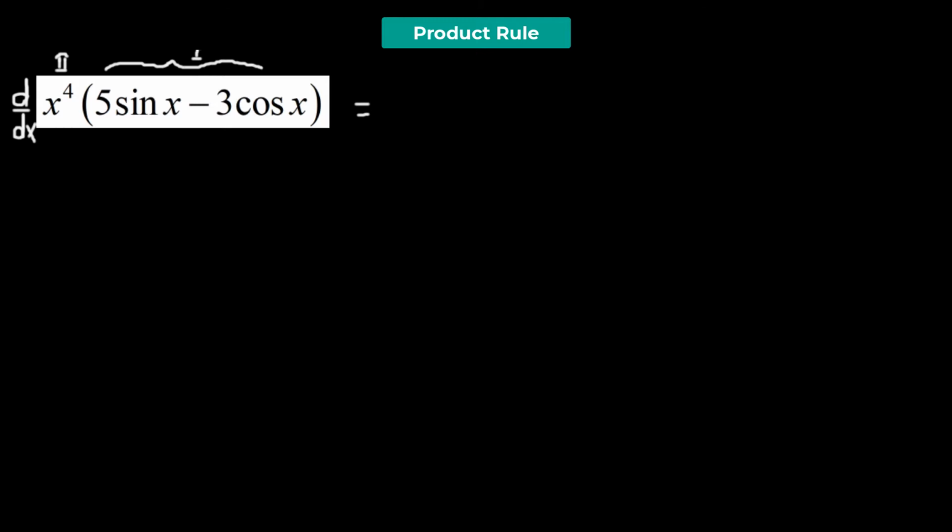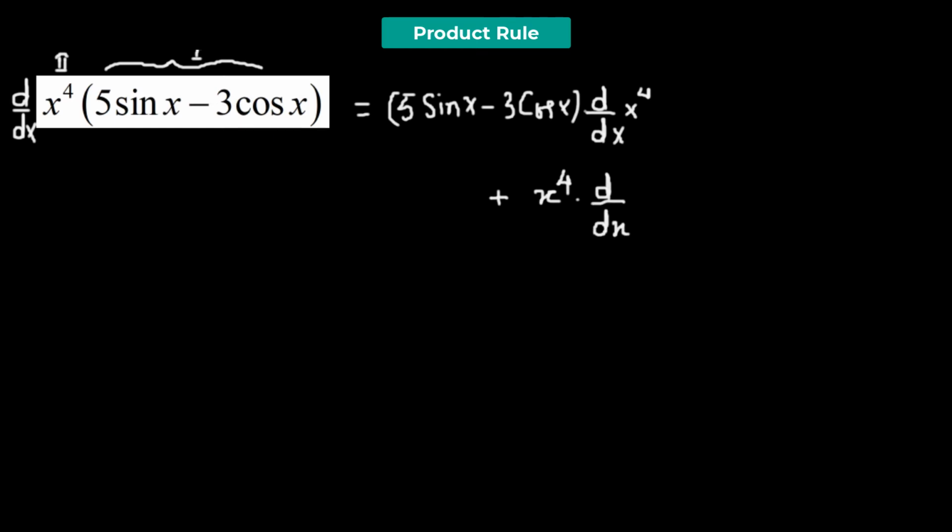That gives us the first function, 5 sine x minus 3 cosine of x, multiplied by the derivative of the second function, x raised to the power of 4, plus the second function times the derivative of the first function, 5 sine x minus 3 cosine of x.